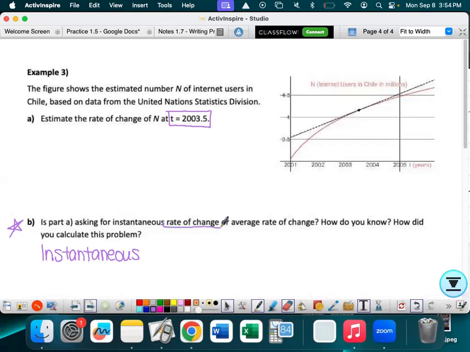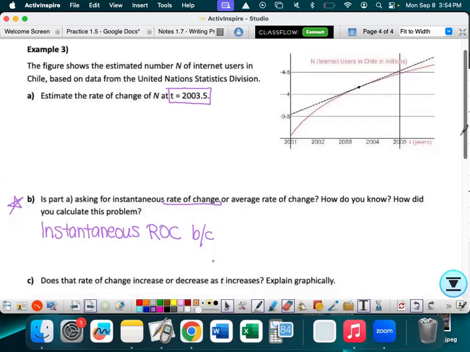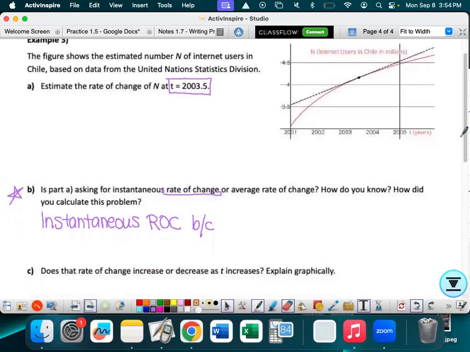You can abbreviate rate of change with ROC. I know it's a lot of writing. How do we know? Hopefully you're saying because it gives us just one time instead of a range.